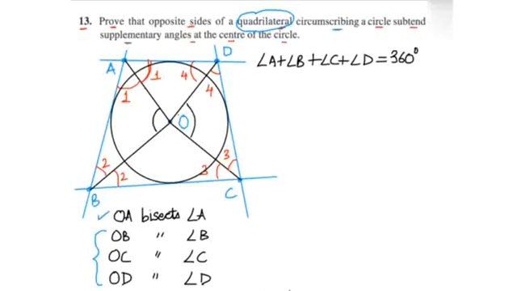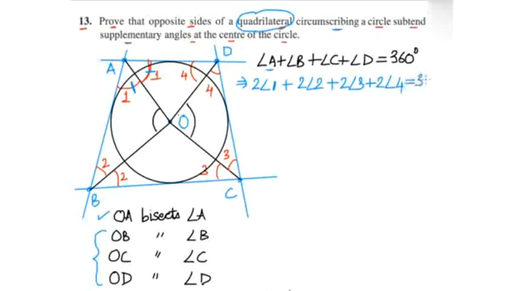Now for each of these angles, for angle A, we are going to write angle A as twice angle 1, because we can see that angle A is made up of two angles and both of them are equal, and we have taken both of them as angle 1. So angle A is twice angle 1, angle B is twice angle 2, angle C is twice angle 3, and angle D is twice angle 4.